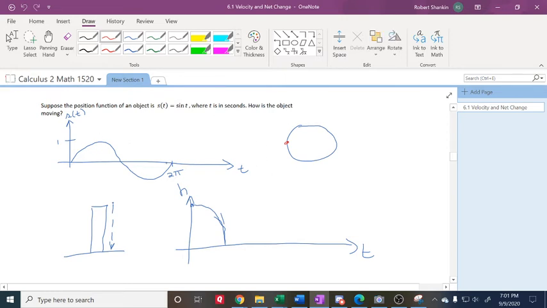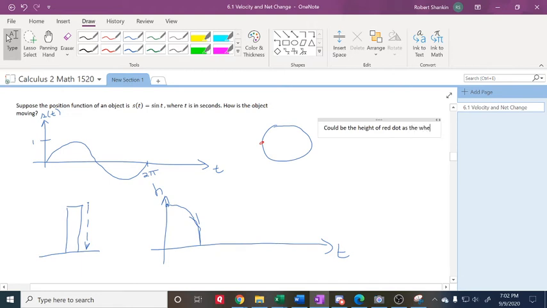And if you plotted the heights over time, the height of this red dot over time, this could be the height of the red dot as the wheel rotates.